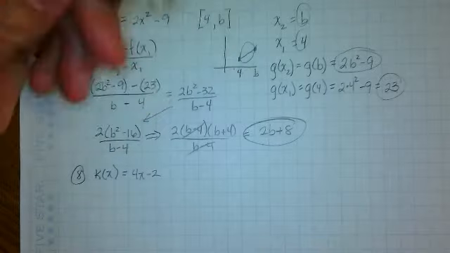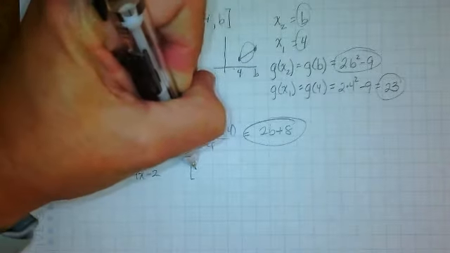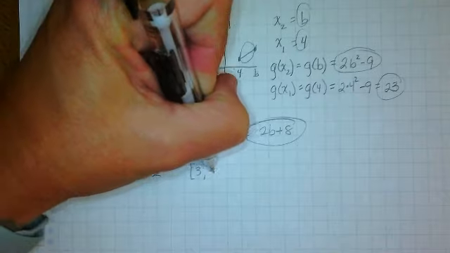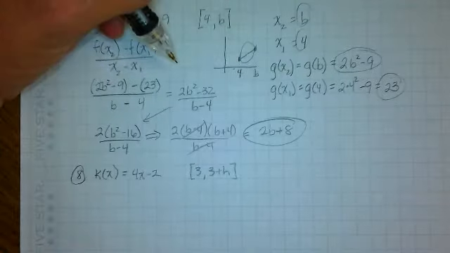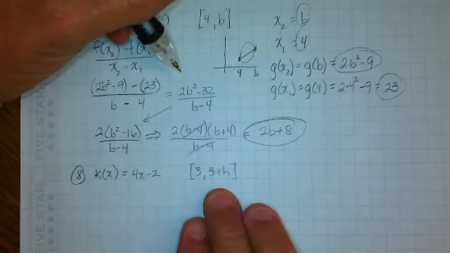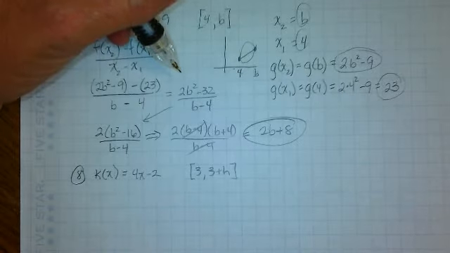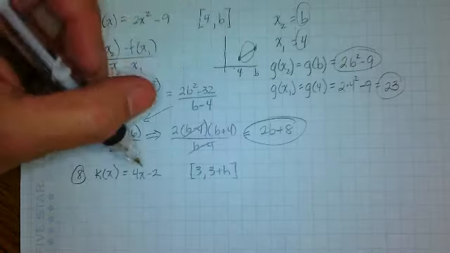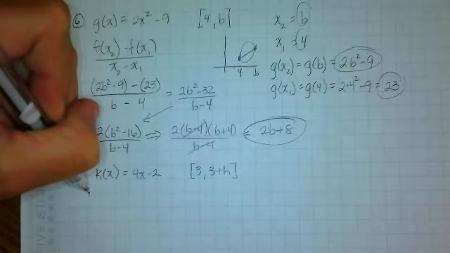What I was talking to Advanced Algebra 2 about today in class was how sometimes they're having trouble seeing that variables are also numbers. So this interval is 3 to the value 3 plus h. So it's h units further to the right than whatever 3 is. So if I took 3 steps to the right, it would be at 6. If I took 10 steps to the right, it would be at 13. But the rule is going to work for however many steps you are to the right of 3.